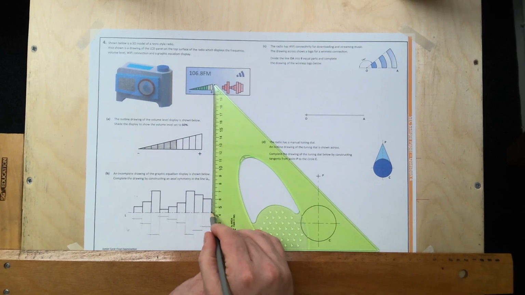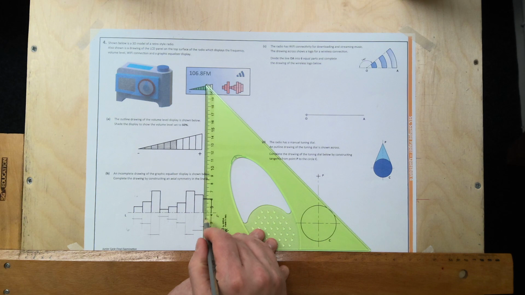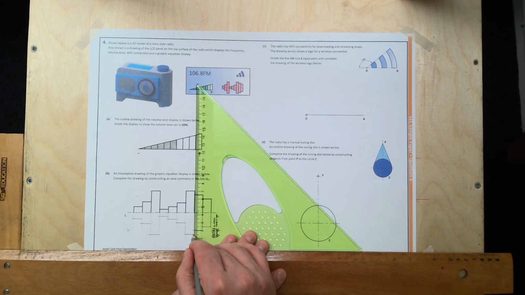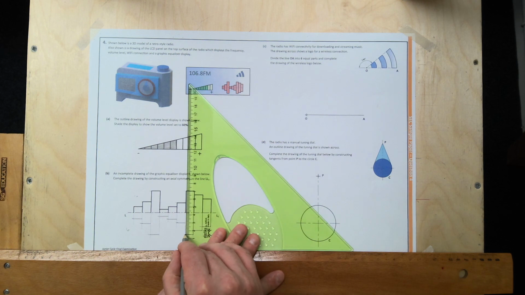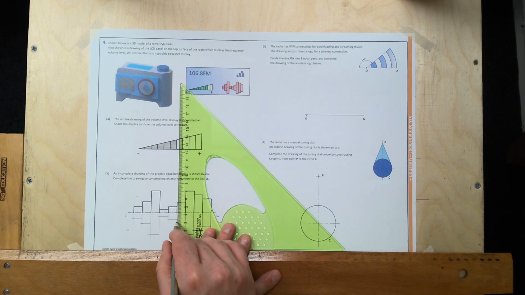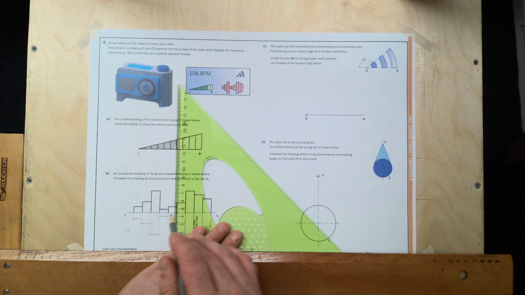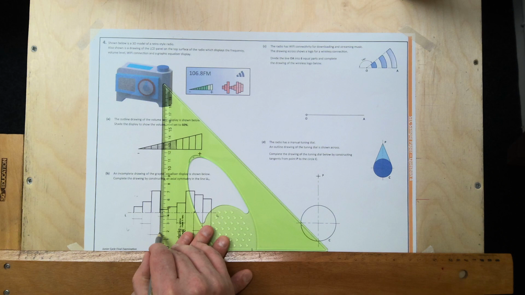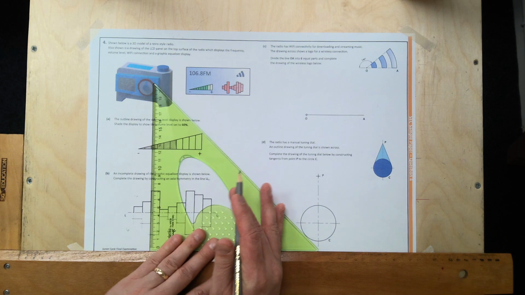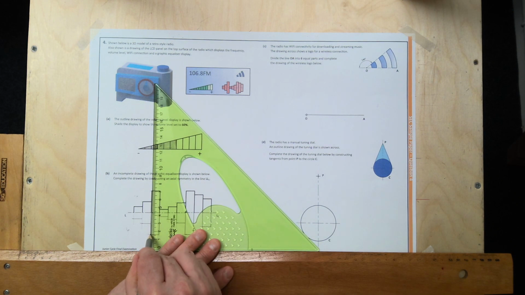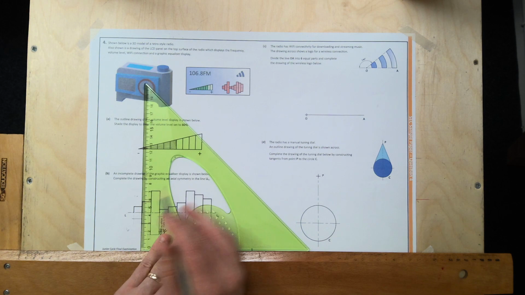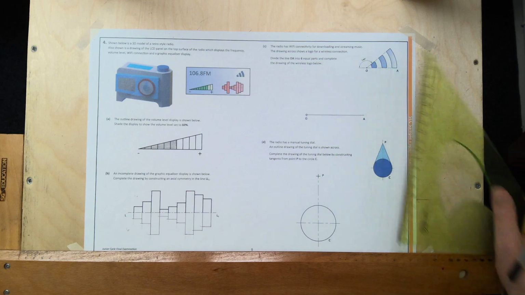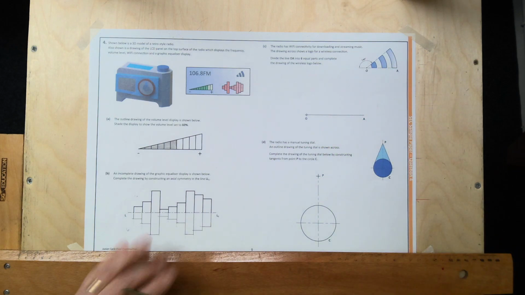And now we're finishing off, close them up there. There you have the axis symmetry done on this one.